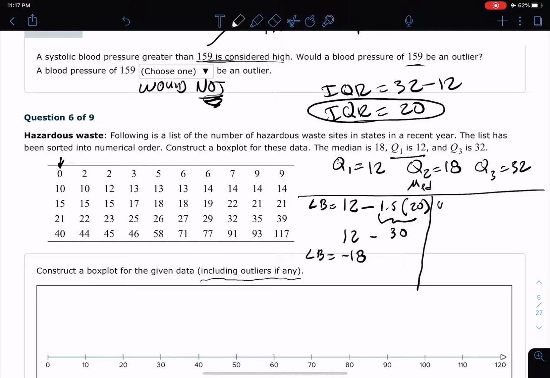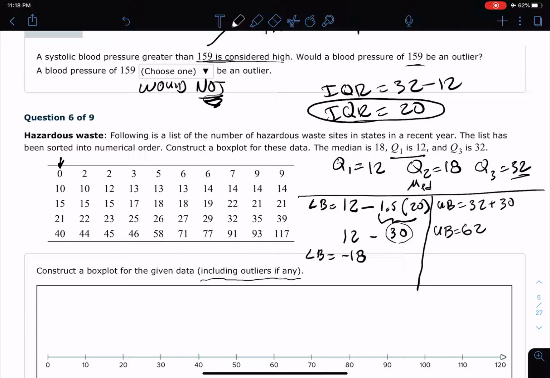How about an upper outlier bound? Well, with that we take Q3, which is right in front of us, 32, plus 1.5 times the IQR, which we did over here, so I'm just going to put 30. And so our upper outlier boundary is going to be 32 plus 30, which is 62.